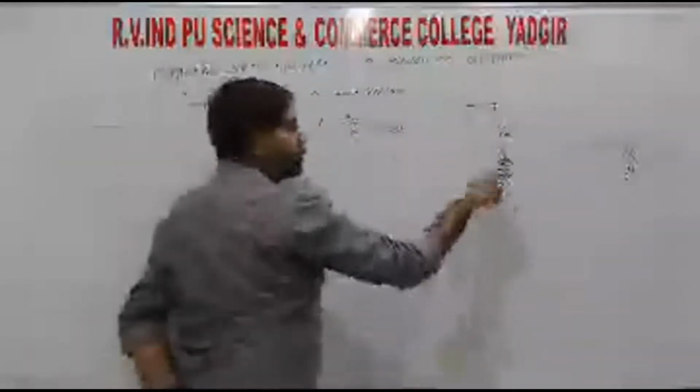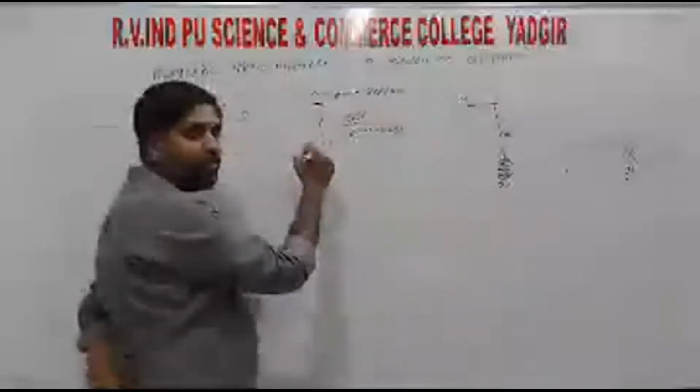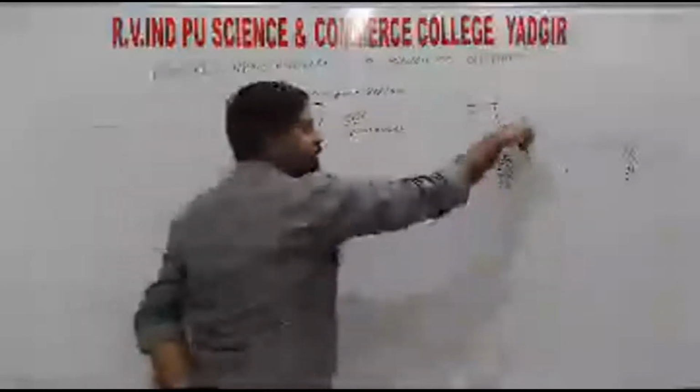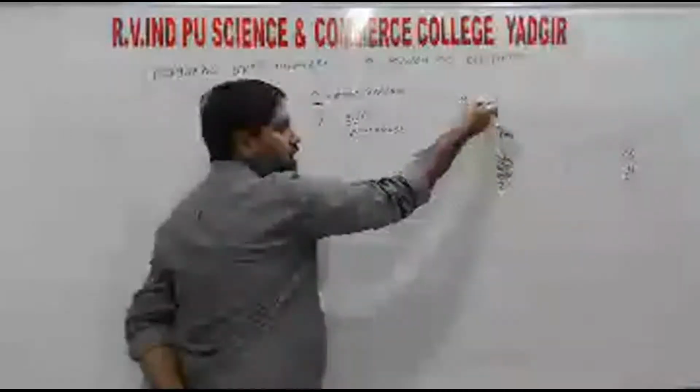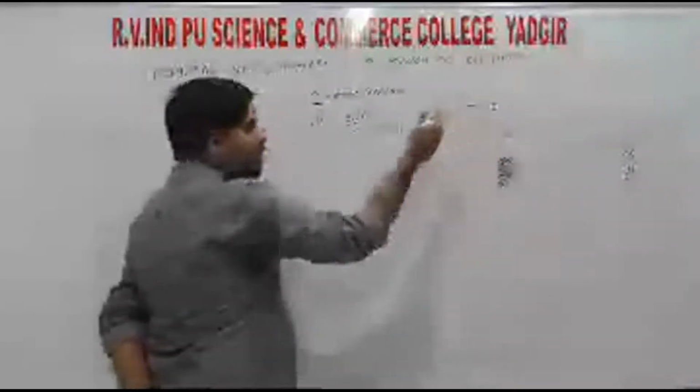One complete revolution we call the time period. One complete revolution indicates the circumference of the circle. So the distance covered is the circumference of the circle, right?